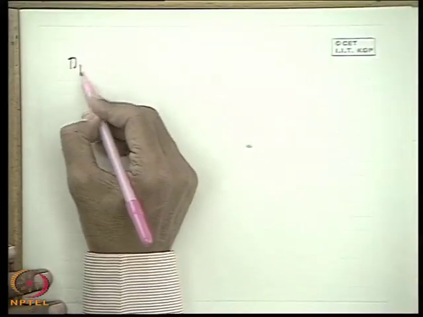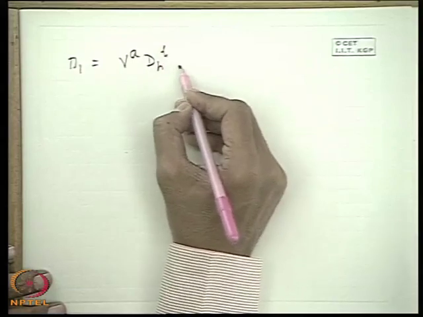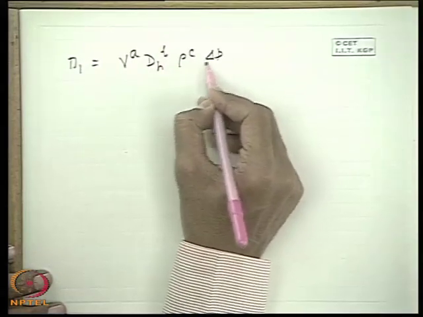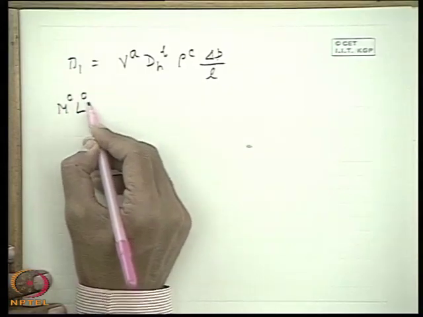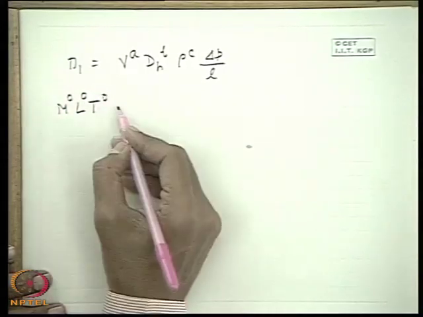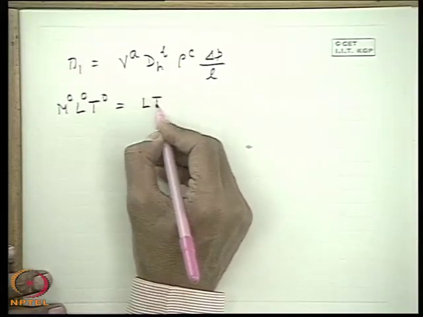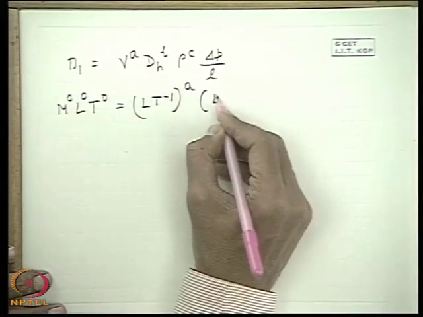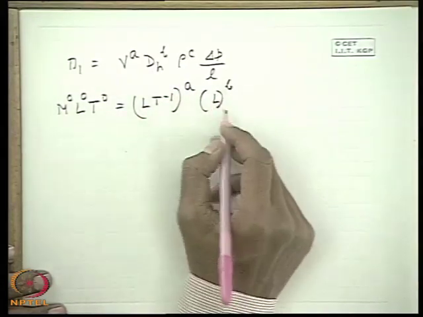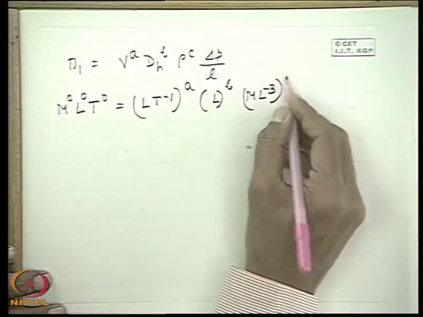Pi 1 is V to the power a, dH to the power b, rho to the power c, times delta P by L. What is the dimension of pi 1? It is M to the power 0, L to the power 0, T to the power 0, because it is a dimensionless term. What is V? V is L T to the power minus 1, to the power a. What is dH? L to the power b. What is rho? M L to the power minus 3, to the power c.